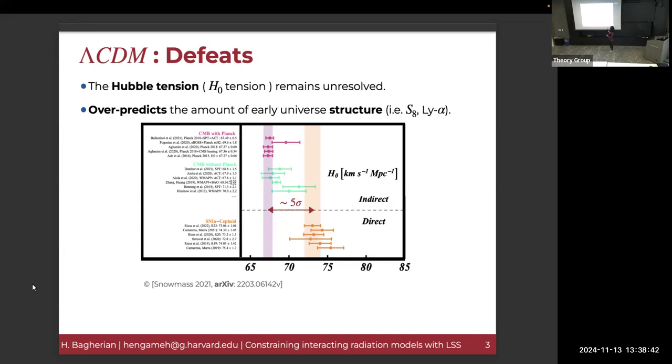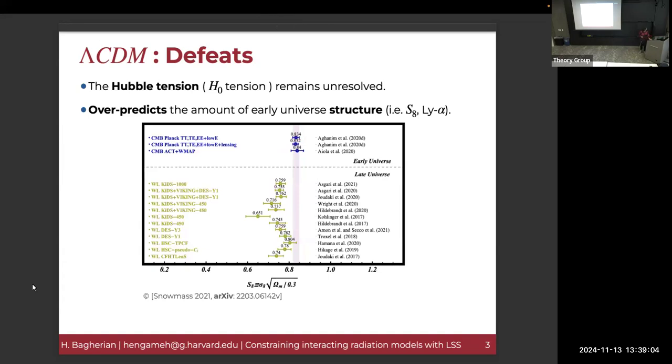The direct measurements use the distance ladder, cepheids and supernovae, to measure the Hubble parameter. The indirect measurement uses the CMB data and assumes a cosmology model, so this is the model-dependent part. These two measurements disagree with each other by up to 5 sigma.